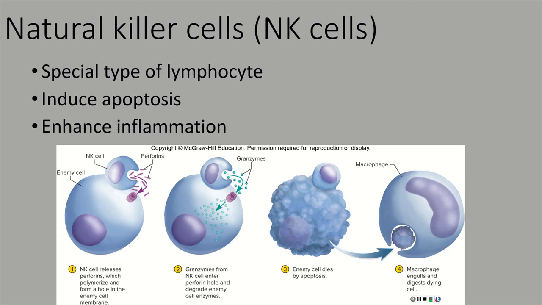Natural killer cells convince a pathogen cell to kill itself. And this is how it does it. So here is the pathogen cell, the out-of-place cell. When an NK cell uses its pattern recognition receptors to detect something that doesn't belong, the NK cell first releases some proteins called perforin.